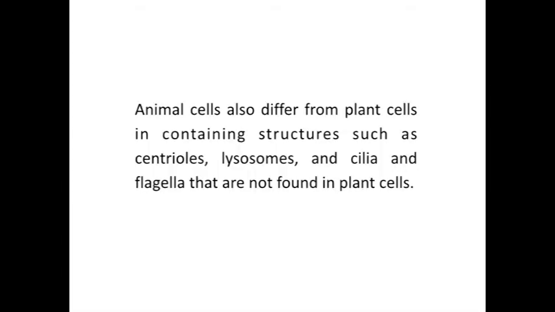Unlike plant cells, animal cells do not have a cell wall and animal cells come in various sizes and tend to have irregular shapes. Animal cells also differ from plant cells in containing structures such as centrioles, lysosomes and cilia and flagella that are not found in plant cells.